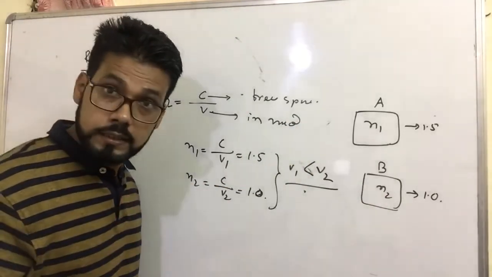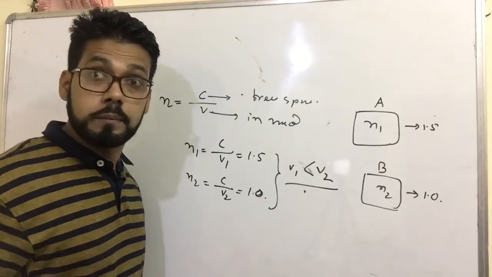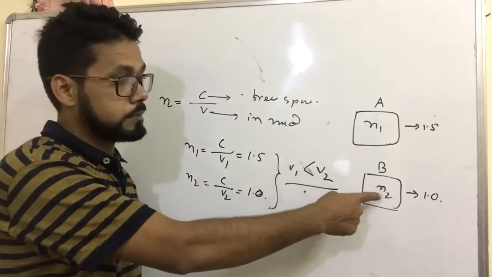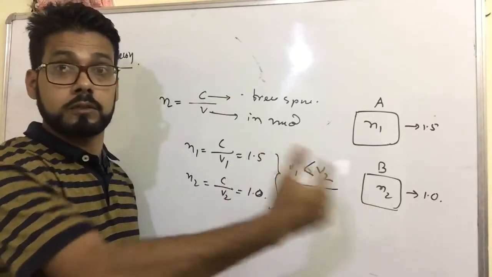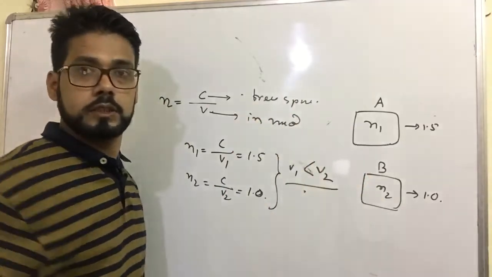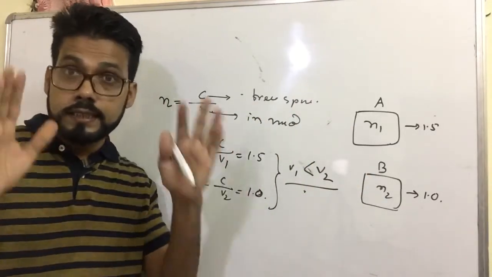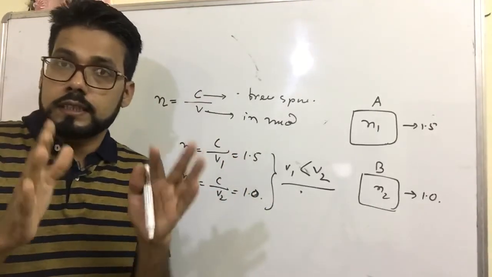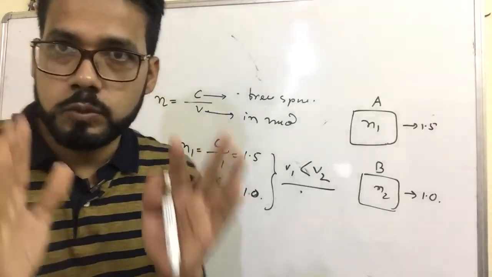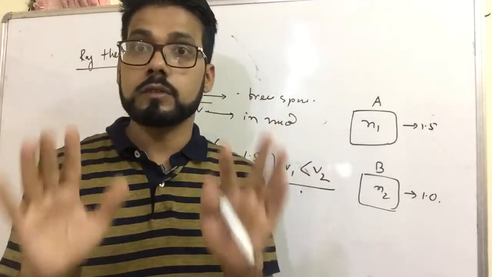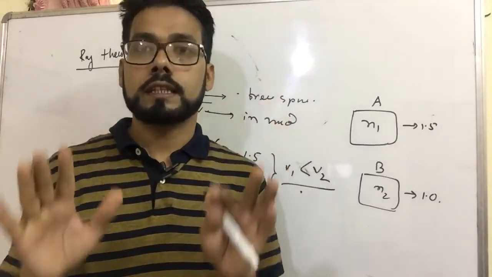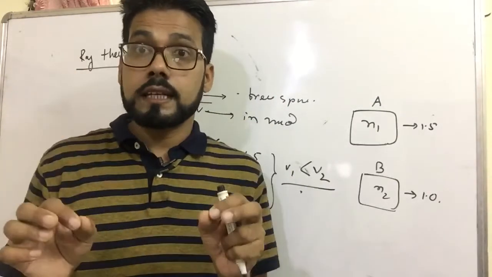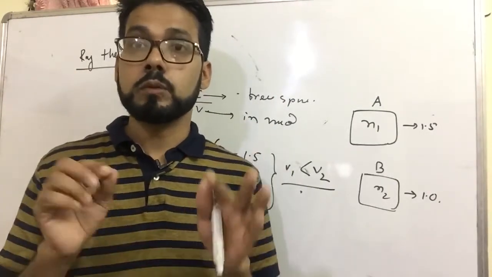So high refractive index means lower velocity of electromagnetic radiation in that medium, and low refractive index means high velocity of electromagnetic radiation in that medium. So refractive index is a dimensionless parameter that measures how fast electromagnetic radiation can move in that medium.